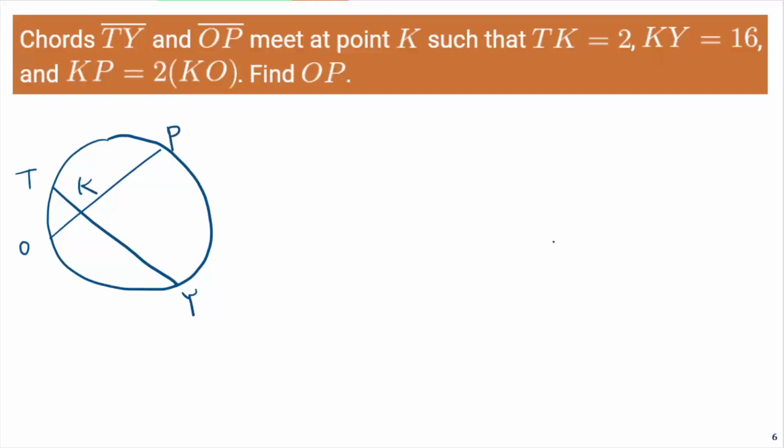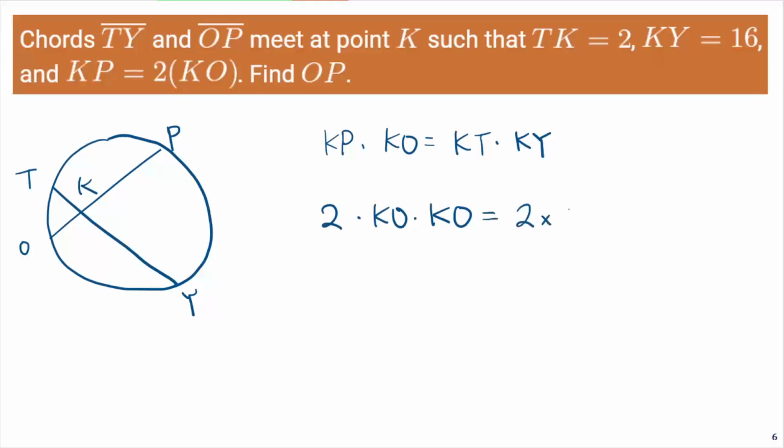So from the power of a point K, we have KP times KO equals KT times KY, right? Substituting the given information in this equation yields 2 times KO times KO equals 2 times 16, from which we find KO equals 4, right?